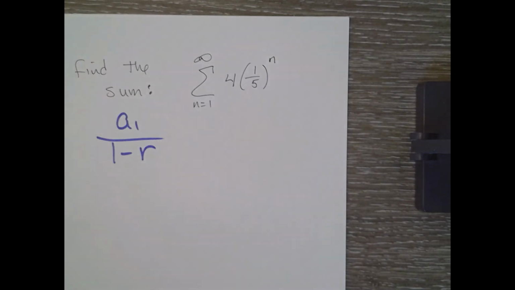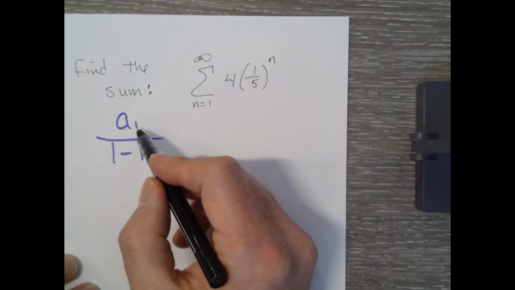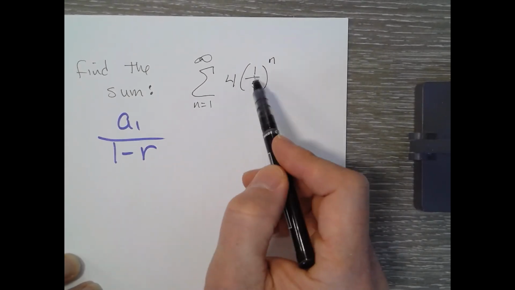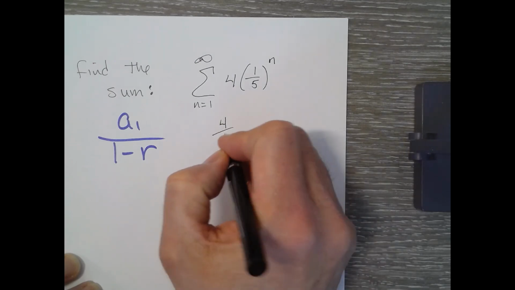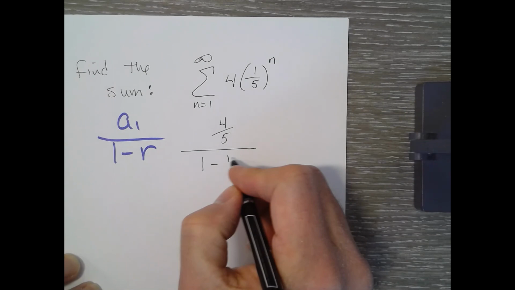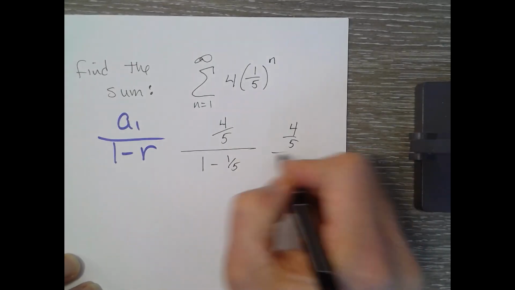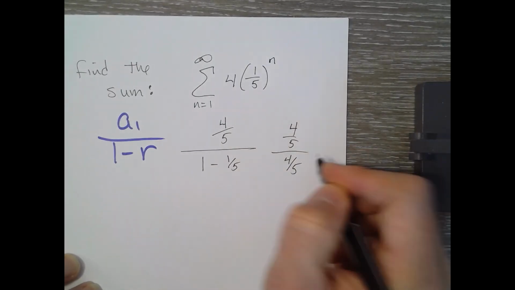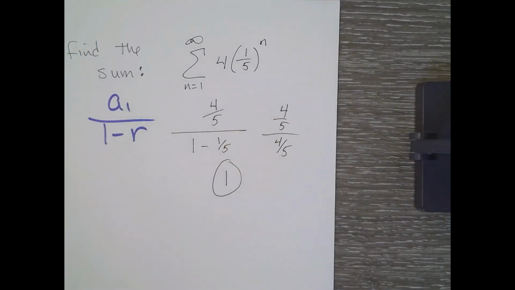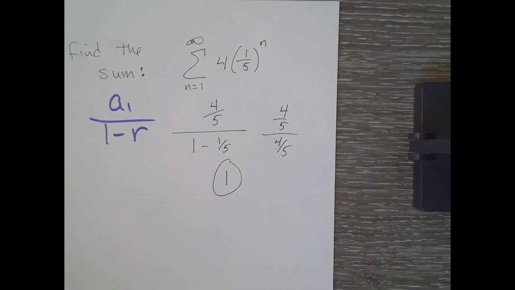All right, so let's try it. For our first term, I plug 1 in, I get 1/5 to the first, so 4 times 1/5 is 4/5, divided by 1 minus our r, which is 1/5. 4/5 divided by 4/5, even I can do that math. So we got 1. Okay, so that's the sum of an infinite geometric series.